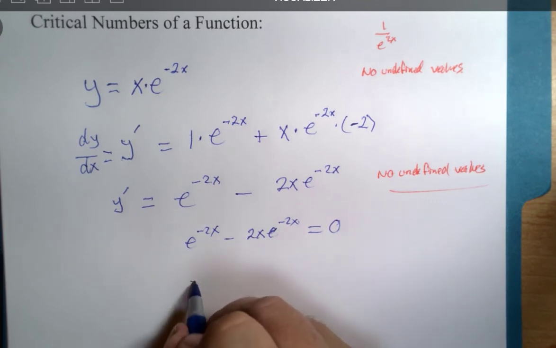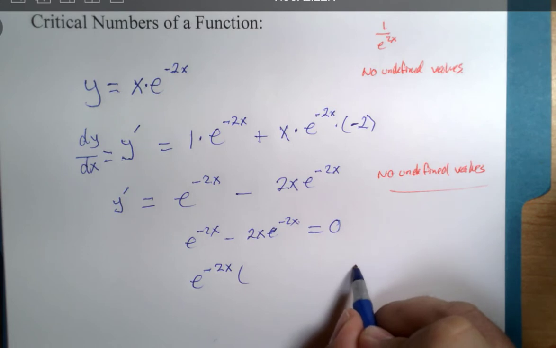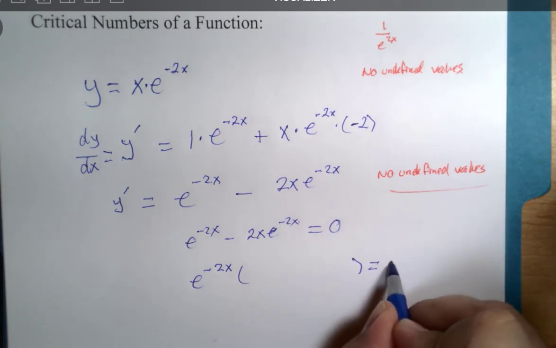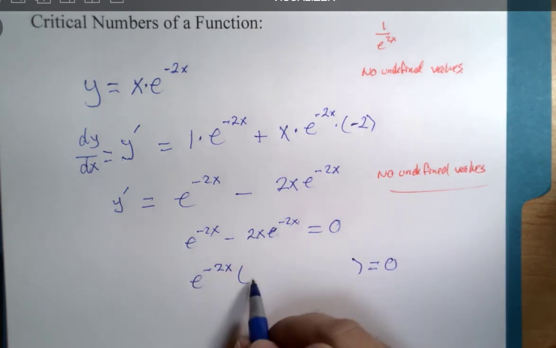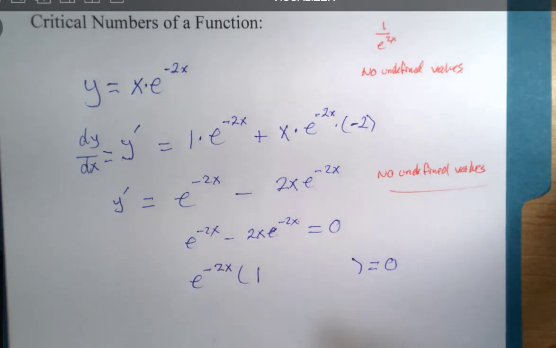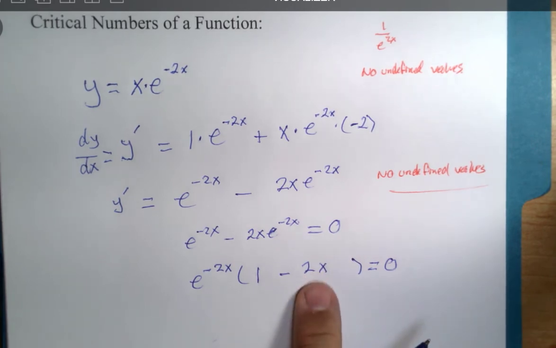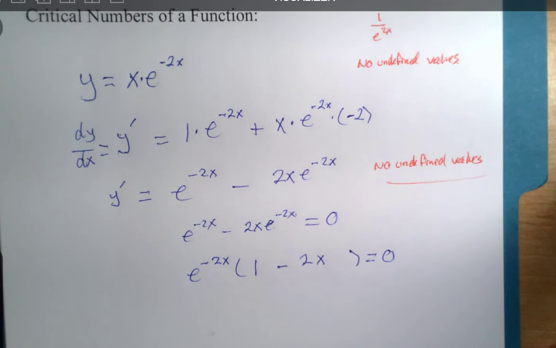And we have a common factor of e to the negative 2x power. When we pull out that factor, I have a 1. 1 times this is that, minus 2x. Negative 2x times this is that expression, so we factored correctly.